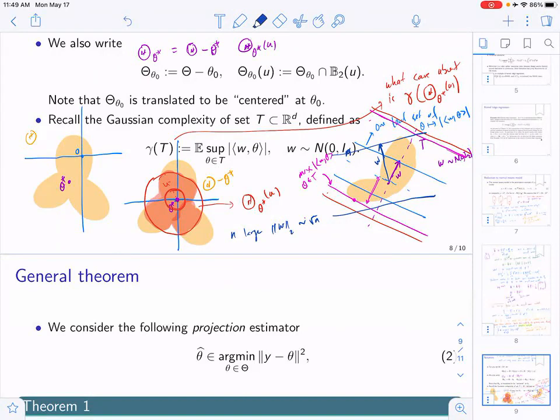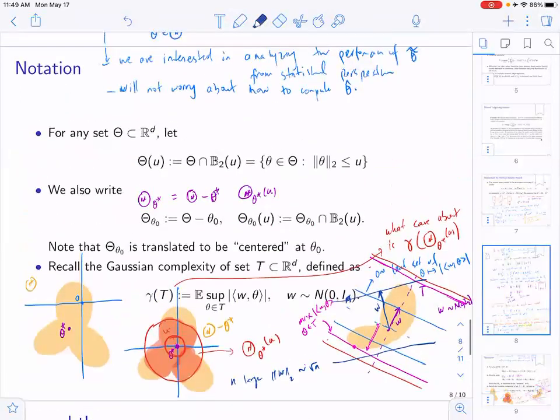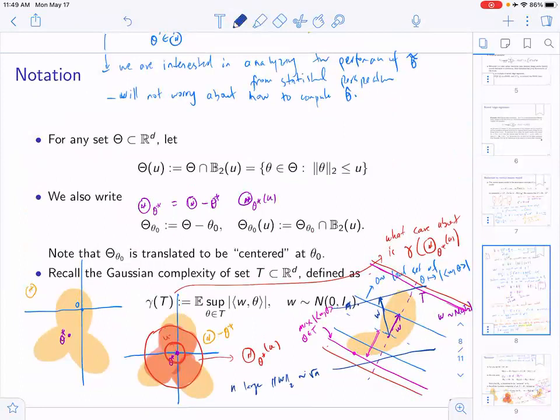So it could be, in a very particular case, a set that is very tiny in every direction, but very spread out in a single direction. The worst-case width of this is very large. But the Gaussian width would be small, because you're taking the average.